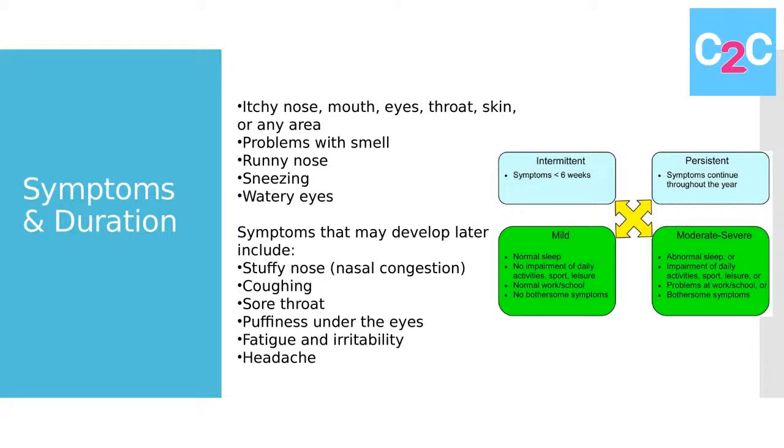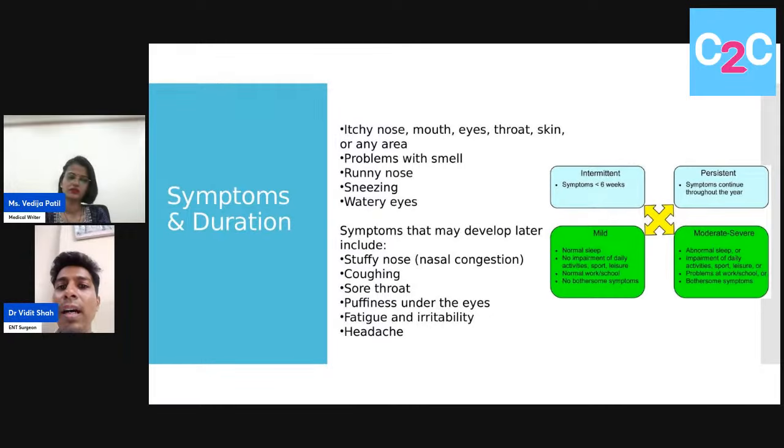So we need to really identify these children, because a lot of parents are unaware of allergic rhinitis causing a lapse of concentration. They will feel that the child from the beginning itself was having a lapse in concentration, or maybe there are children who seek attention because of which their concentration also lapses. So it's a very fine line to identify this category of children and to treat them at the earliest.